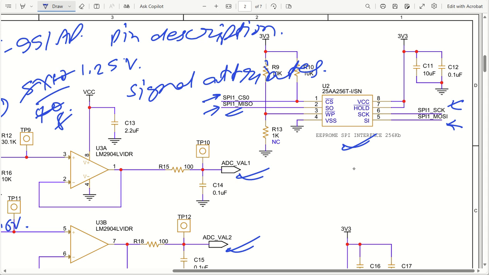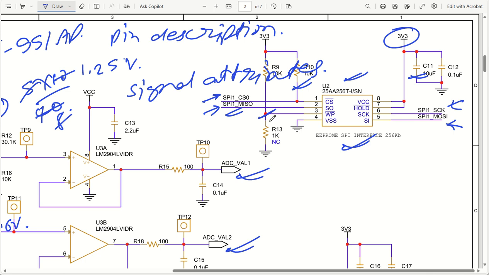And then this particular SPI interface EEPROM is connected with your power supply and some capacitance, and similar to that, the CS line as well as the write protection line has been pulled up. If you put the write protection line down, then it will be disabled, like you will not be able to write to it, so it is write protected.